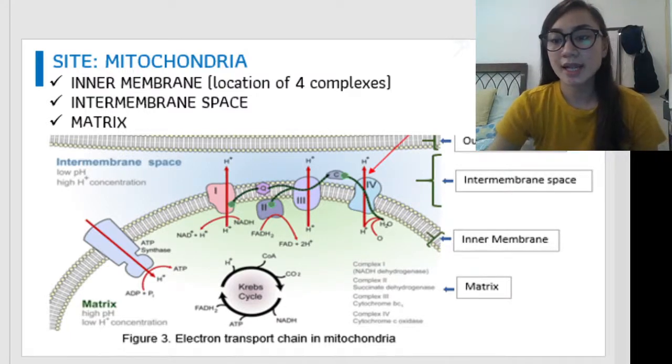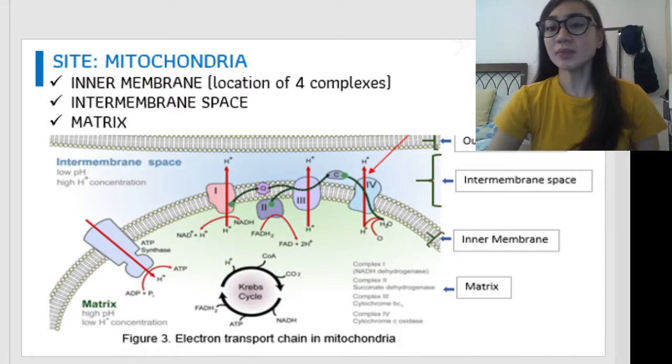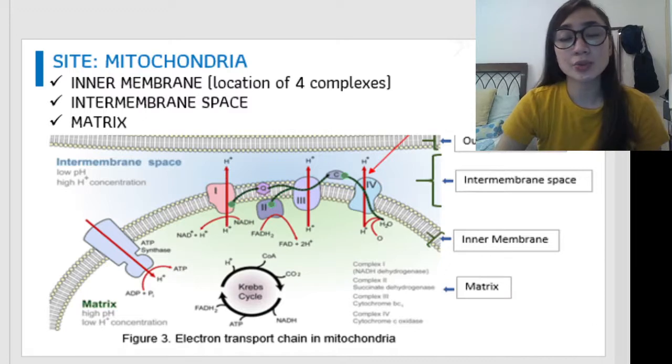In this slide, we will talk about the site kung saan nangyayari yung ating oxidative phosphorylation o yung ating electron transport chain and chemiosmosis. So, the site is the mitochondria. Mitochondria is the powerhouse of the cell because it produces the energy needed by the cell for it to function.